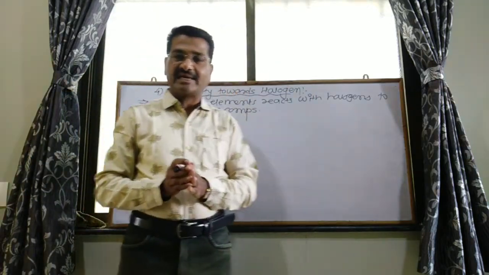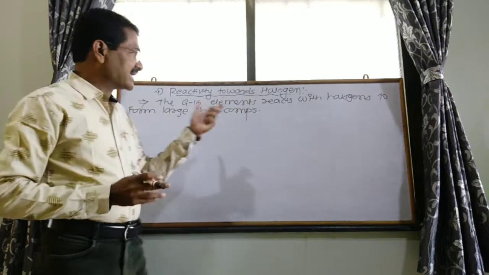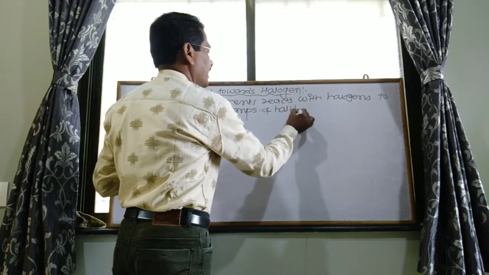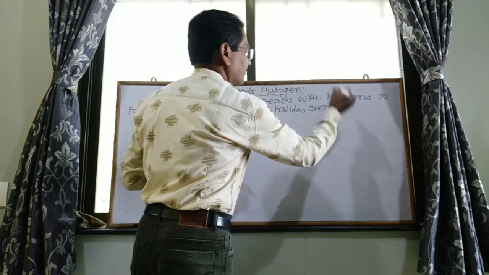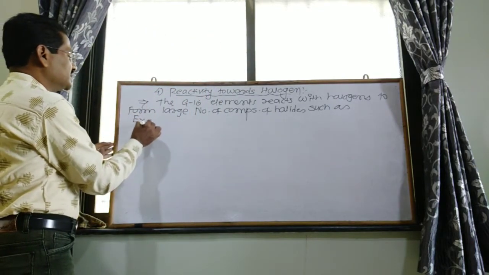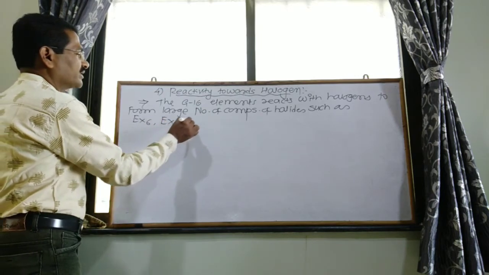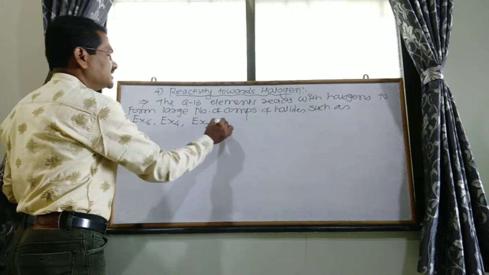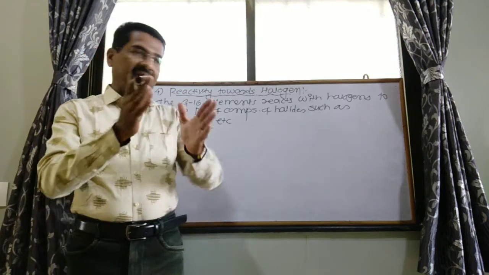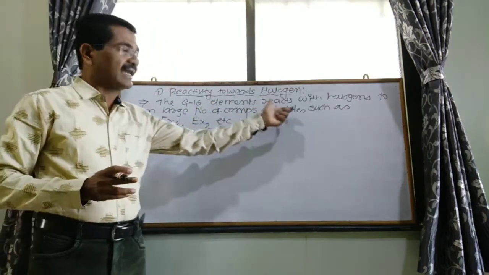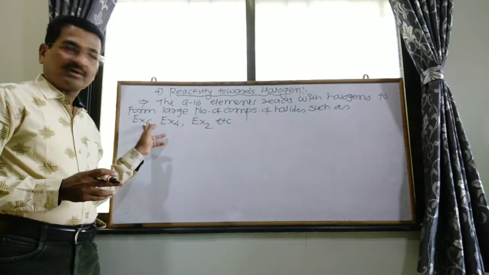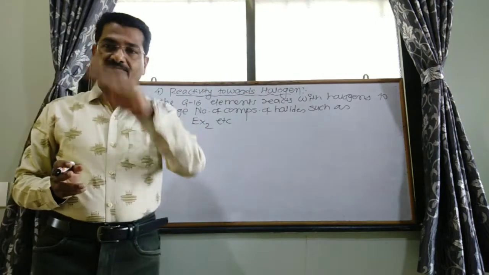Whenever the group 16 elements react with halogens, they form halide compounds such as EX6, EX4, EX2, etc.